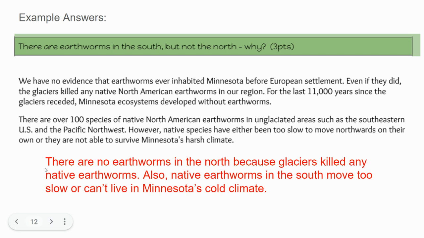So if I were to summarize those, I would say there are no earthworms in the north because glaciers killed any native earthworms. So I turn the question around. That's the start. I answered the question, and now I'm going to do that again. Also, native earthworms in the south move too slow or can't live in Minnesota's cold climate. So I kind of put both answers in there.